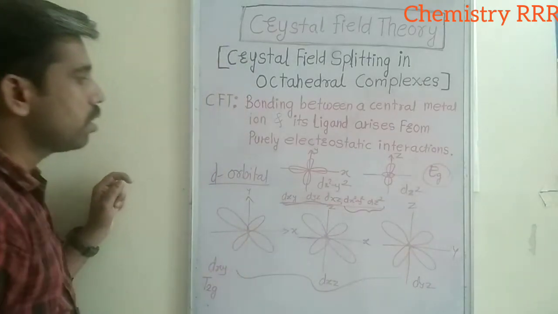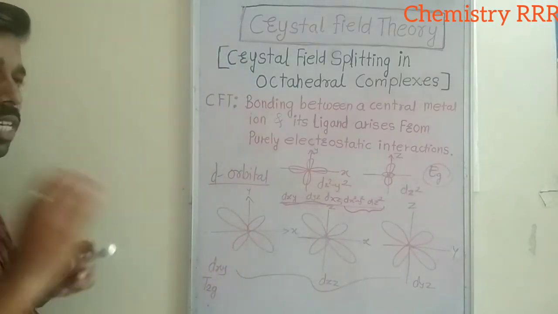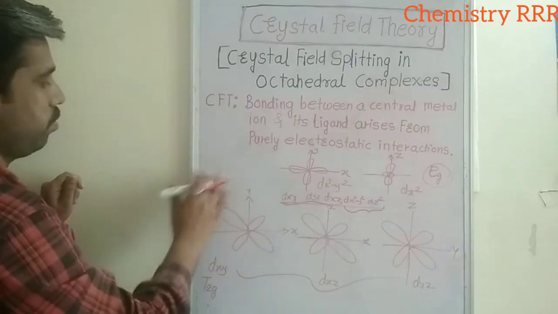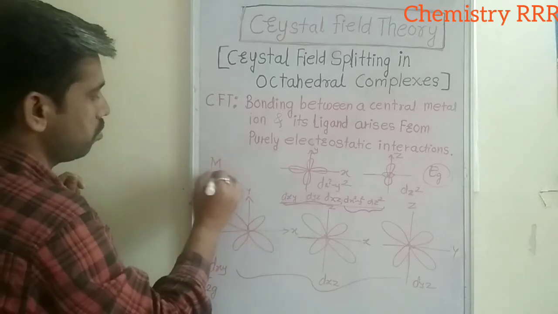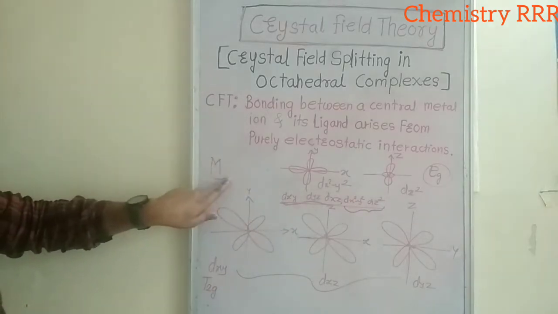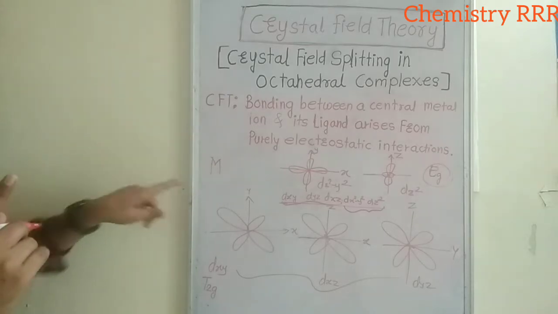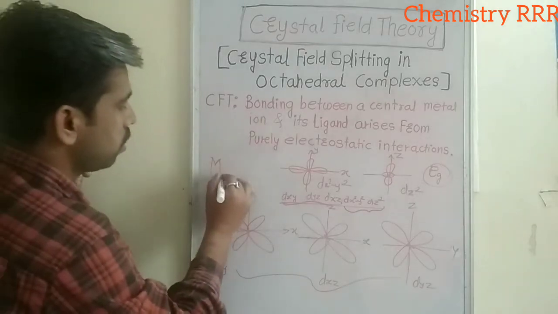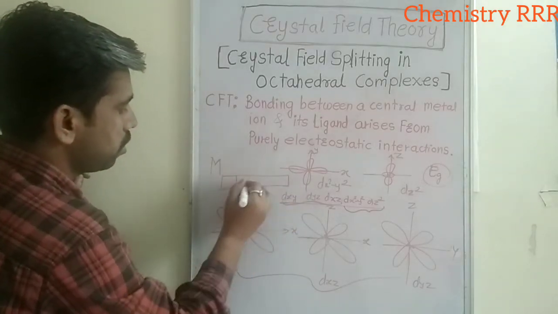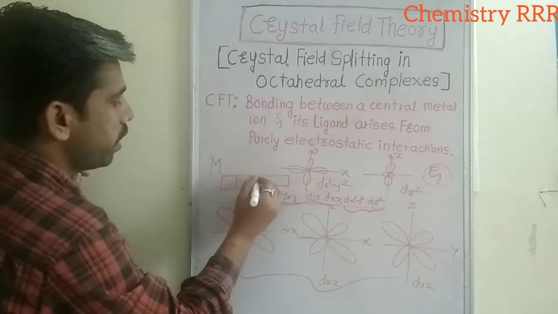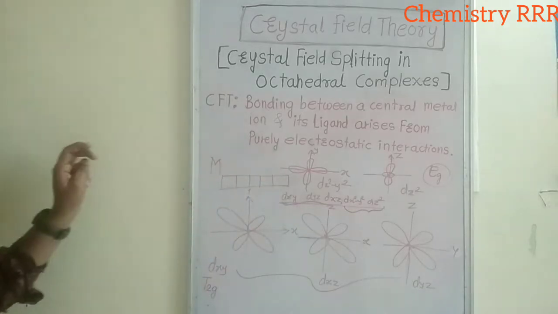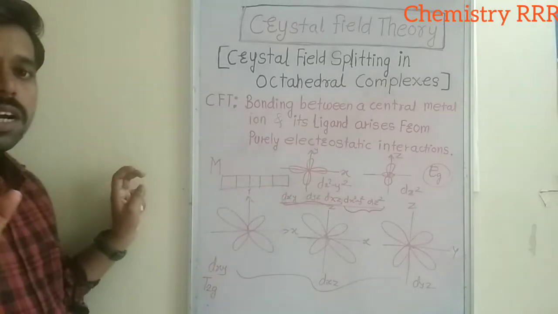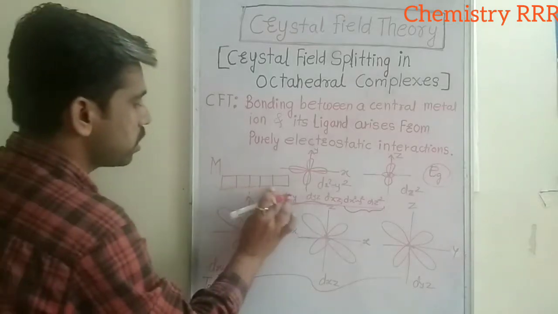Clear? Now, in the absence of ligand, for the free metal, all the 5 d orbitals, that is dxy, dyz, dzx, dx square minus y square and dz square, are present in the degenerate level, that is on the same energy level.